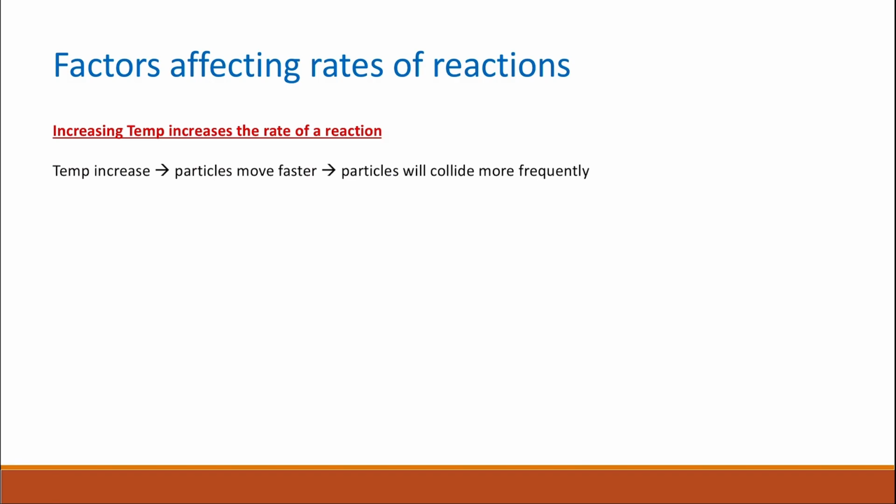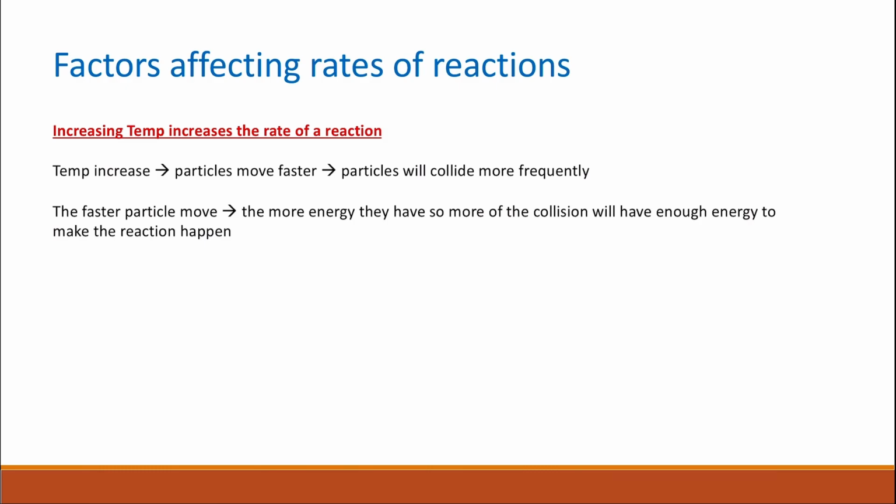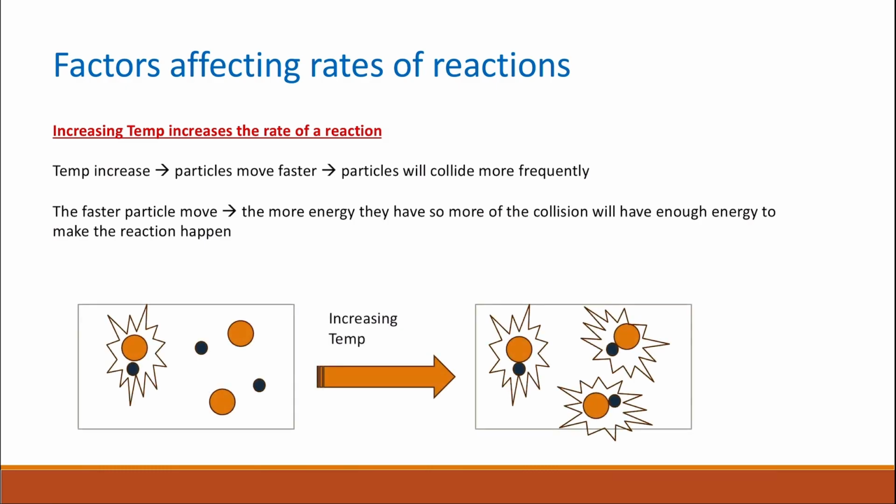The reason for that is, if temperature increases, particles will move faster and collide with each other more frequently. Also, an increase in temperature means the particles will have more energy. So increasing temperature will increase the number of effective collisions and will increase the rate of the reaction.